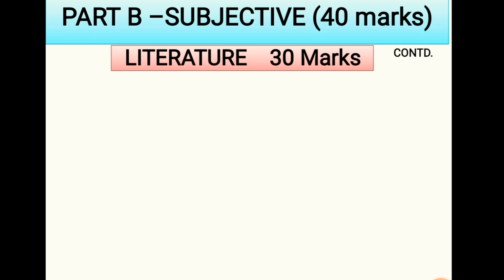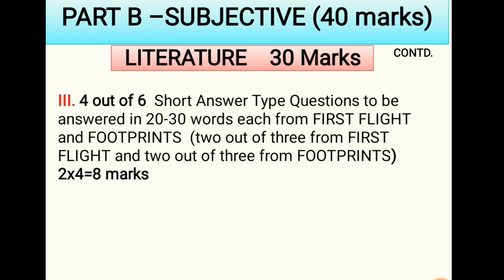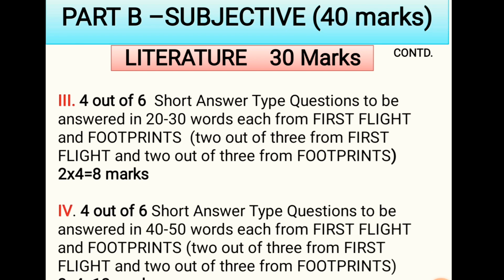Moving to the literature part of the subjective Part B of the paper. Here we have question number 3 and 4 with the same pattern. In both the cases you will have to answer only 4 questions out of 6.